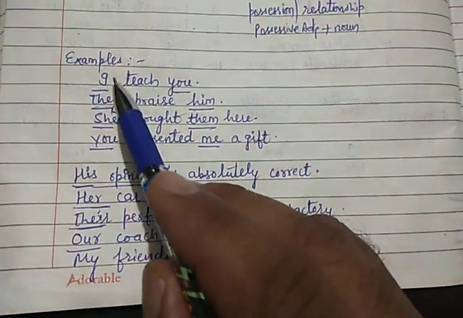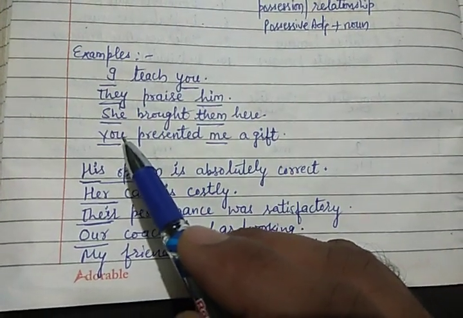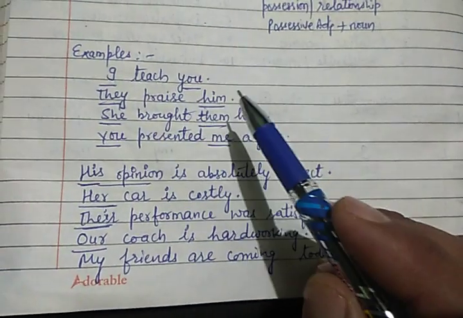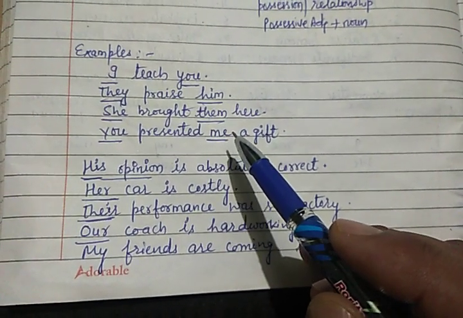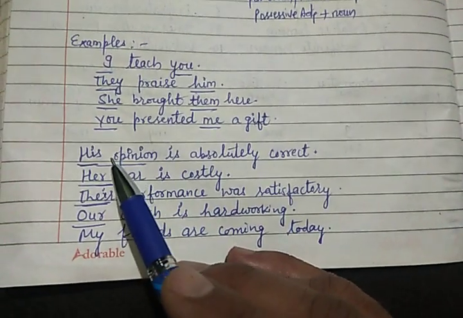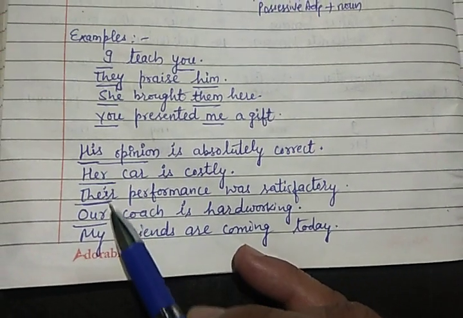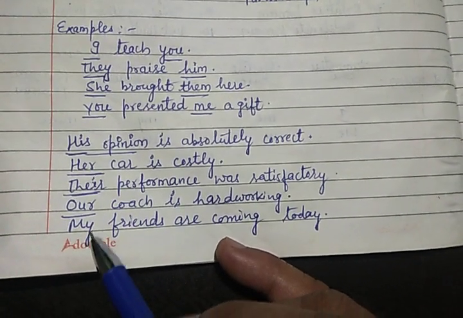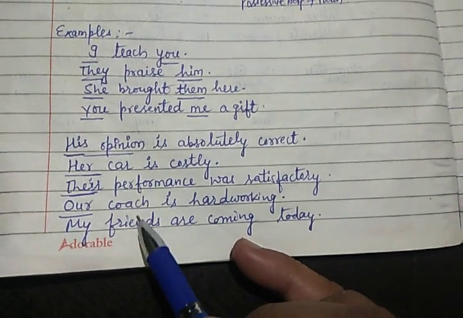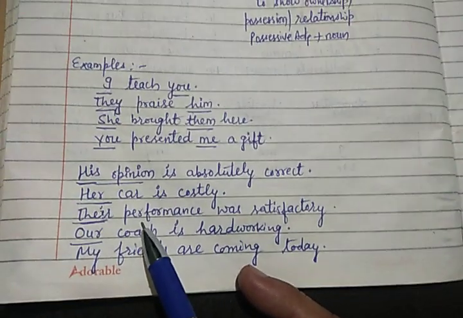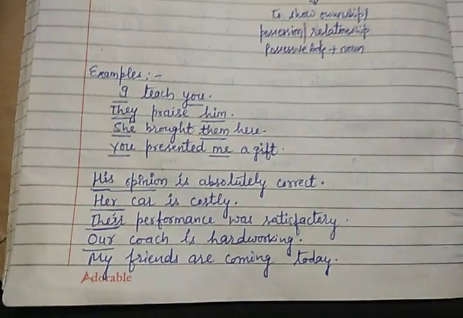In these examples, the words I, they, she and you have been used as subject, and you, him, them and me have been used as object. In the next sentences, his, her, their, our and my are taking a noun after them, and they have been used as possessive adjectives in these particular sentences.